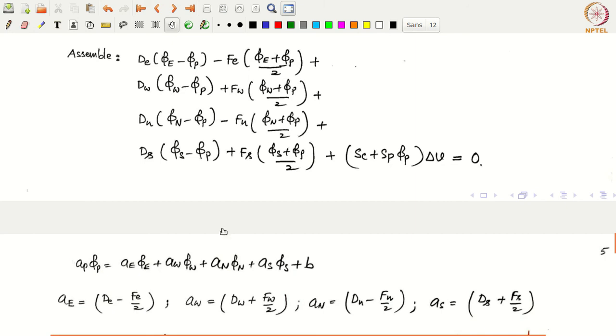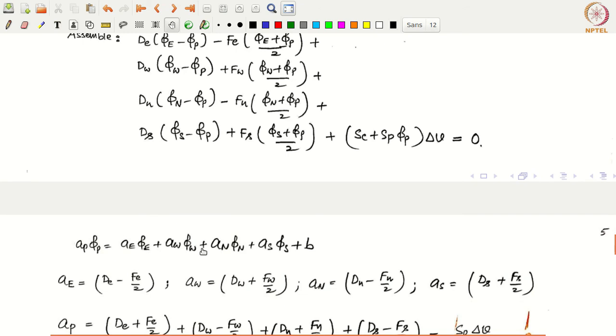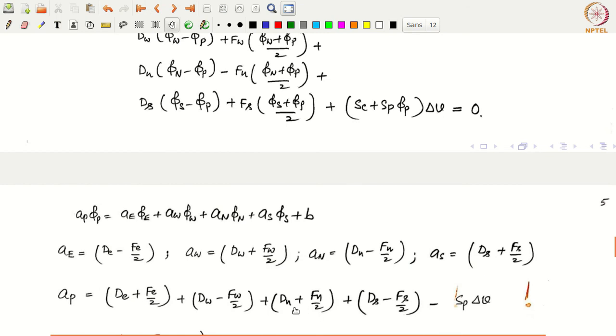So what is the coefficient for AP? AP would be dE plus fe by 2, because this goes to the right hand side and becomes plus, and then dW minus fw by 2 plus dn plus fn by 2 plus ds minus fs by 2, minus of course our sp delta v as well. This becomes minus.